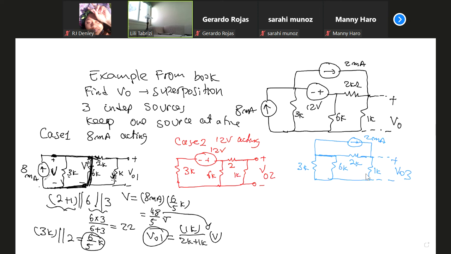Total current times total resistance is equal to the total voltage. This is the total voltage from here to here.